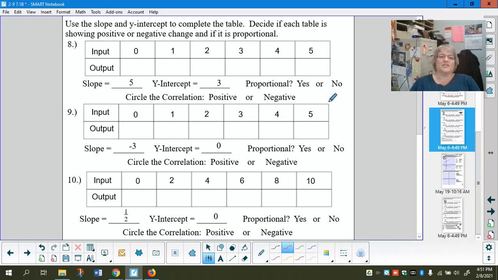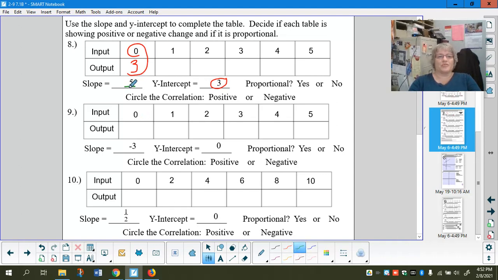Use the slope and y-intercept to complete the table. Decide if each table is showing positive or negative change and if it's proportional. So start with the y-intercept. Do you notice I've said that like 20 times? I feel like I've said it more than that, but start with the y-intercept. Wherever the input is 0, that's the y-intercept. So that's 3. That's your starting point. The slope is how much it's changing by.